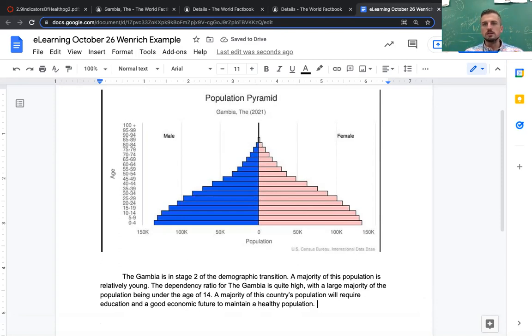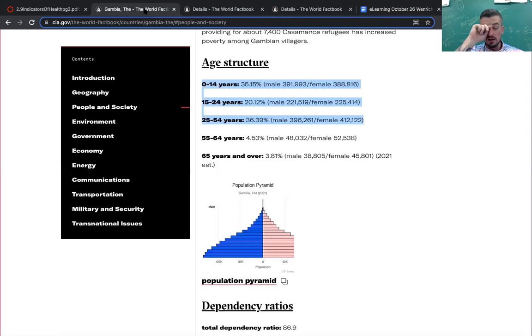And that's not bad. And again, that's just me looking at this. I honestly didn't read it. And I'm just thinking about what a country like the Gambia is going to need. I know it says 25 to 54, but the age range is 0 to 14.